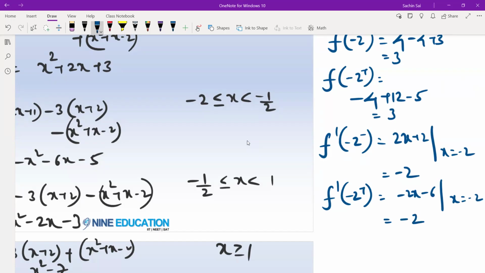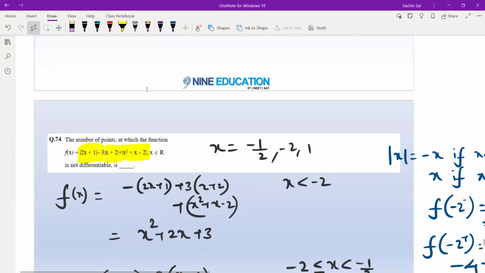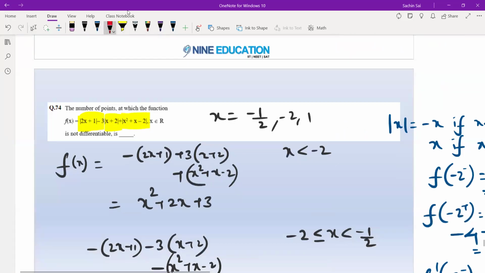This is also minus 2. Right? So you observe that the left derivative and the right derivative are both the same, which means the function is differentiable at minus 2. Although the definition changes at minus 2, the function is differentiable at minus 2.